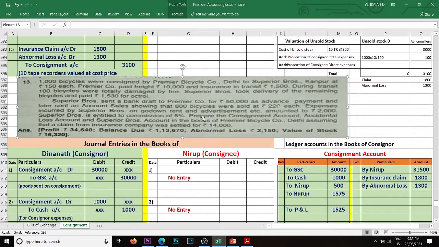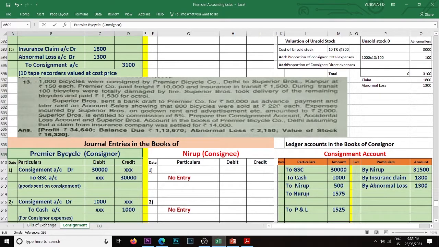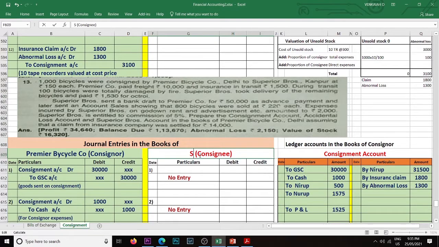Right. 1,000 bicycles were consigned by Premier Bicycles and Co. Premier Bicycle and Co. is sending the goods, he is consignor. So Superior Brothers is consignee.